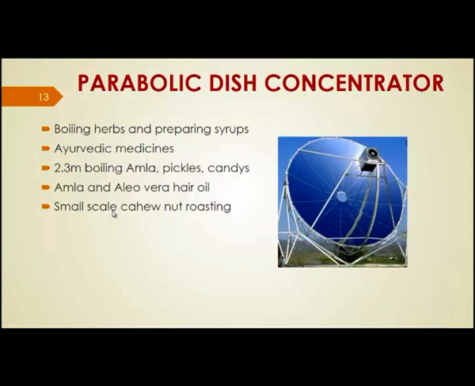We have also seen very high temperature generation using concentrators, that is parabolic dish concentrators, which are used for generating very high heat and generating steam. That steam is used to run the turbine, and we can generate electricity. So, these are the applications of solar thermal energy. Thank you.